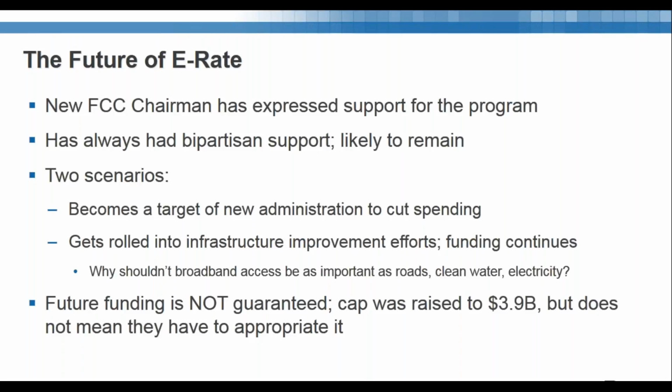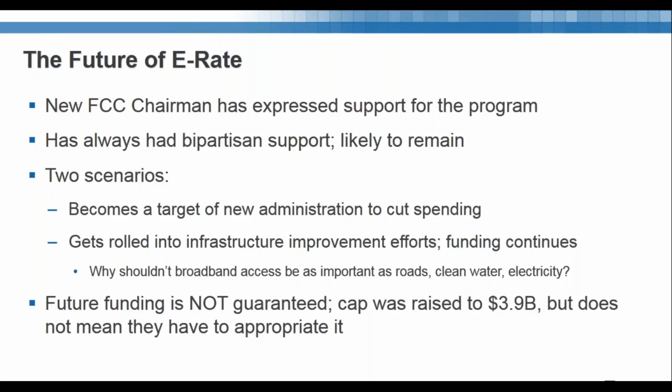The program has always had bipartisan support, and that's likely to remain, right? Schools in every congressional district throughout the United States rely on this program. So it's not a red program or a blue program. It's a school program that everybody needs to get infrastructure. There are really two scenarios that I see happening here, based on what I've been reading. It's possible that E-rate becomes a target of the new administration as a spending cut.